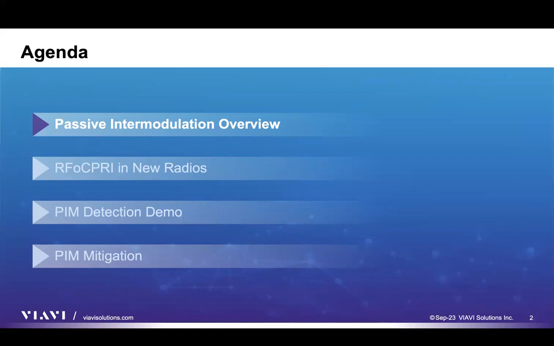And that's when radios are handling multiple bands or multiple carriers and the challenges that we face on them. And then we're going to have a brief PIM detection demo. And at the end, we're going to be closing out with PIM mitigation best practices. So as Natalie said, please feel free to ask us any questions and we'll try to answer them all.